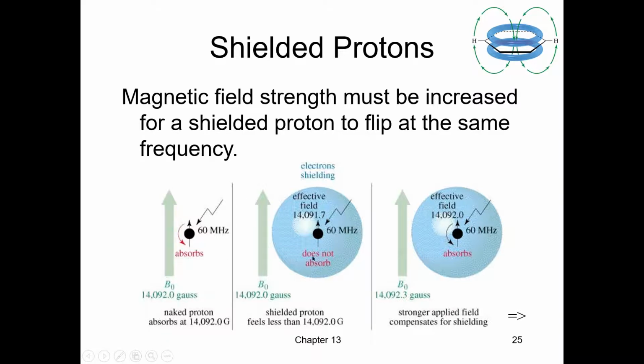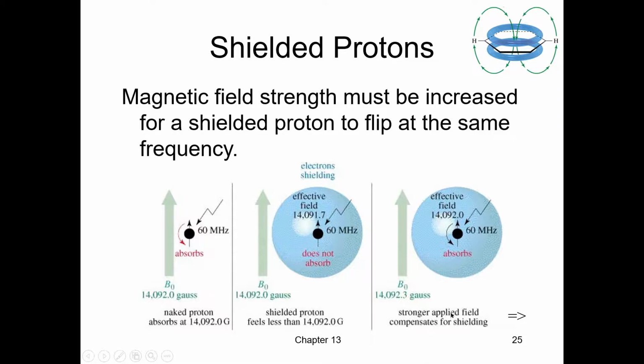So when such a proton is now surrounded by electrons, these electrons generate a magnetic field which is opposing the magnetic field created by this proton. Hence, the diamagnetic field that is experienced when it is kept in a powerful magnetic field is now less. Hence, it is said to be de-shielded. Hence, more energy is required to flip the proton.